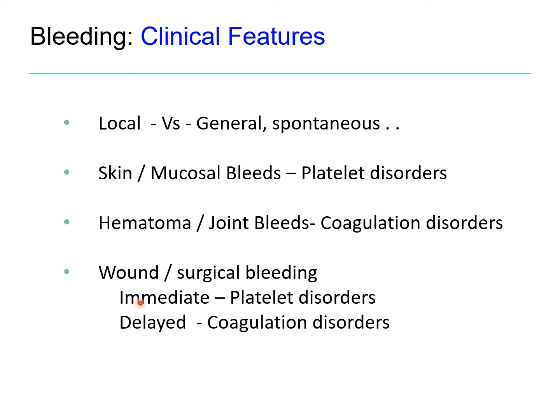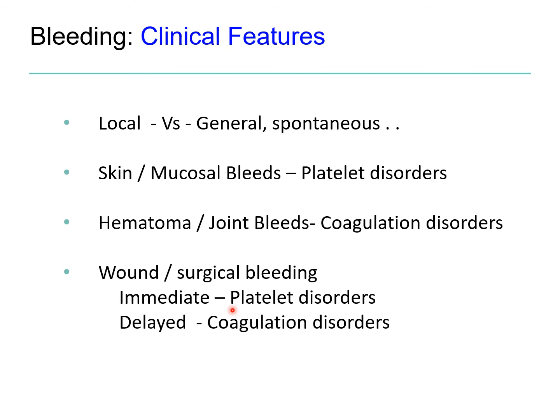When you observe excessive bleeding in your patient from a wound following injury or from surgical interventions, immediate excessive bleeding is usually indicative of platelet disorders, because you would remember from what we discussed earlier that the initial arrest of bleeding is dependent on the formation of a platelet plug.